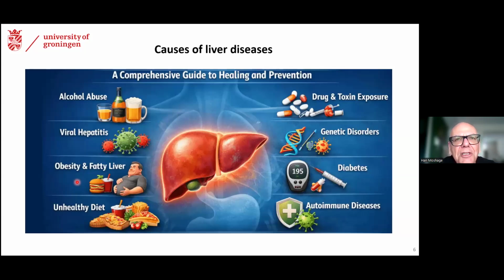And fatty liver is the accumulation of fat in the hepatocytes. Now you can imagine that if you accumulate fat in hepatocytes, it will take up a lot of space inside the cells. And this will cause a lot of stress to all the organelles inside the hepatocytes, leading to death of hepatocytes and eventually chronic liver injury.